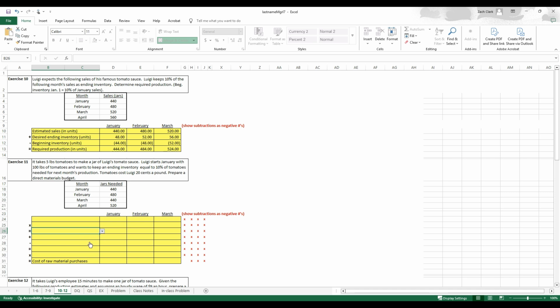Okay, and so here, we want our expected... where are we at? I'm going to get the right breakdown here, so bear with me for one moment. Essentially what we're going to be doing is taking the amounts of production and multiplying them by the cost of production, right?